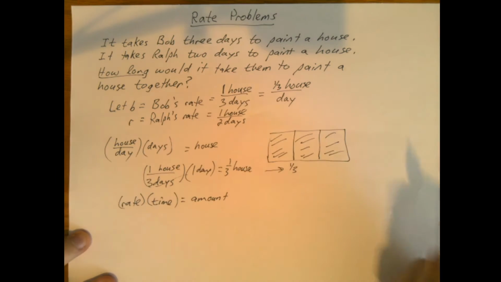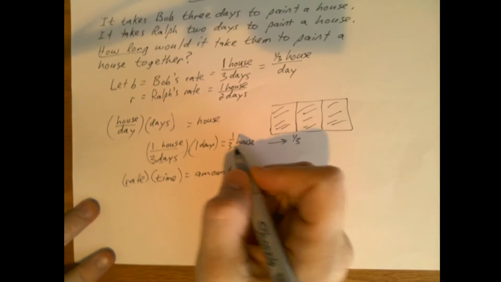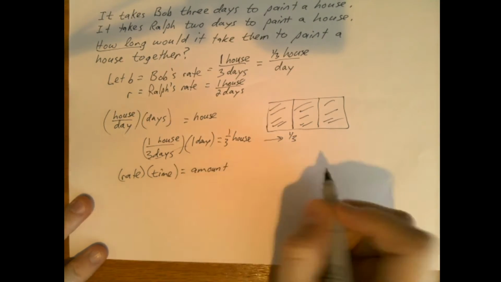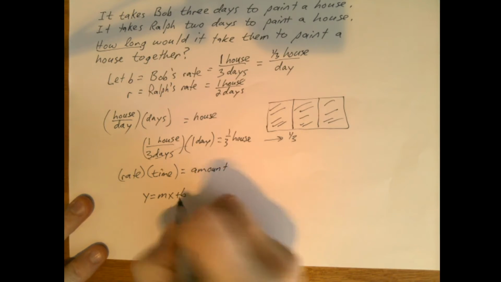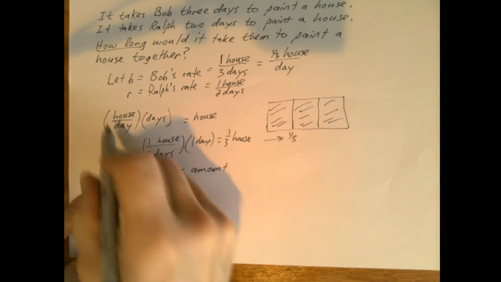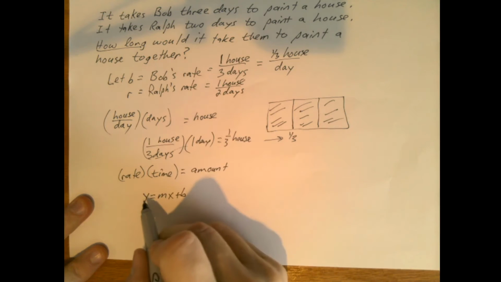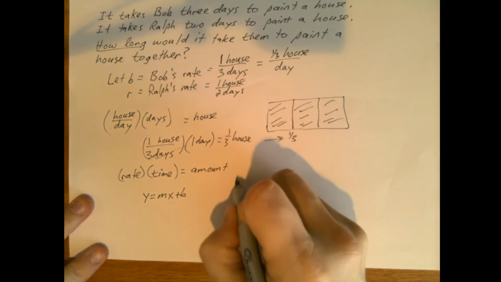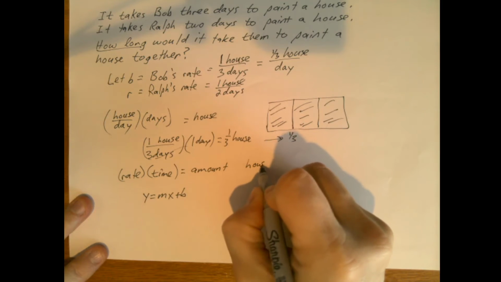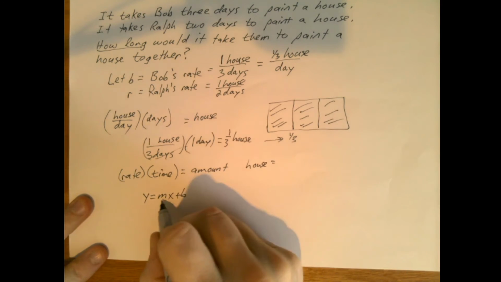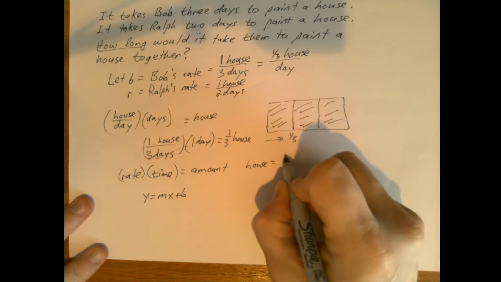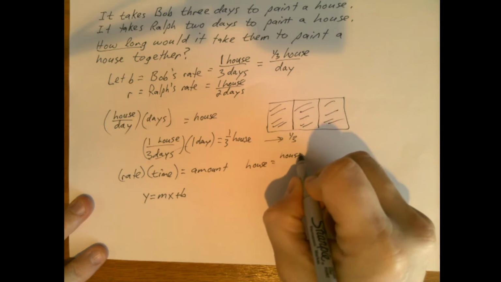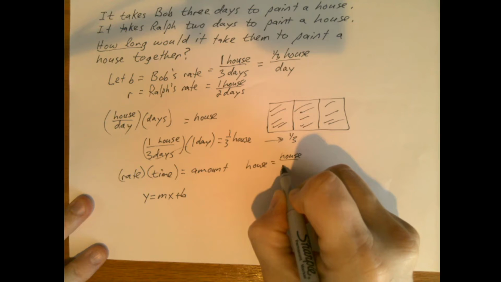We also could think of this as being a functional relationship. So we're used to seeing functions in something like this. If we're going to think about drawing a line, y equals mx plus b. Okay? So what are the parts we have here? Well, y is the house, or how much house is painted. M is our rate, house per day.